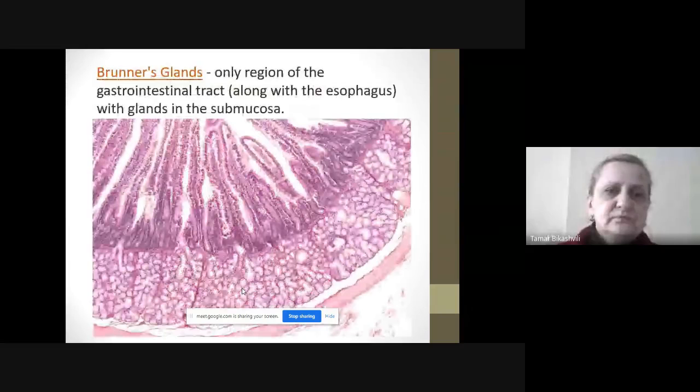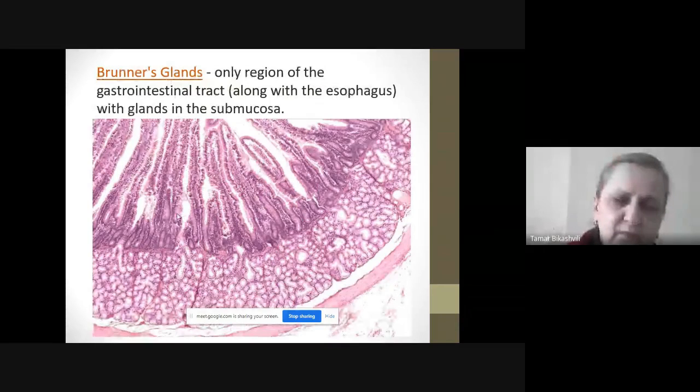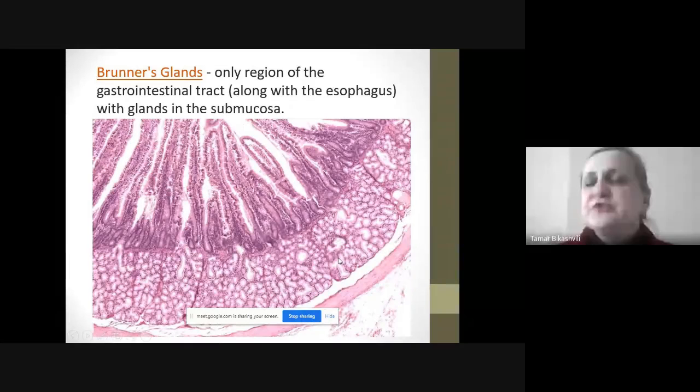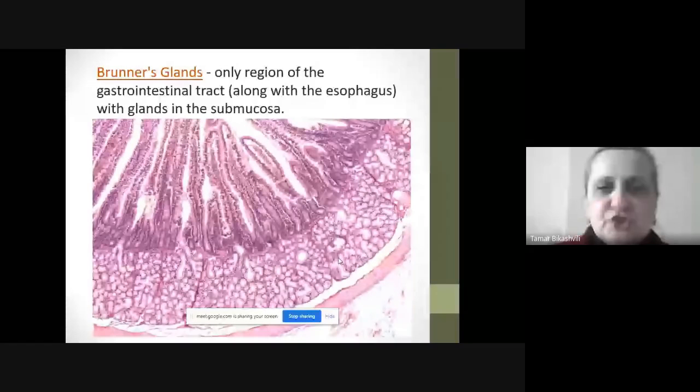Then, so they are villi, yes, and they are submucosal glands, like in esophagus. Again, I want to repeat this: not in jejunum, not in ileum, only in duodenum are these glands.